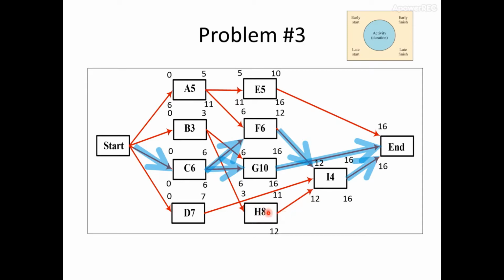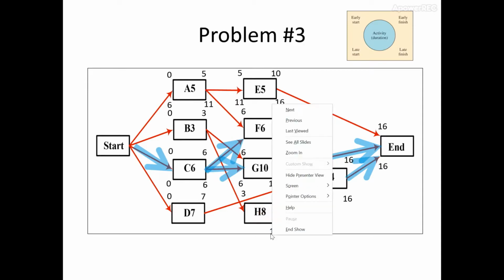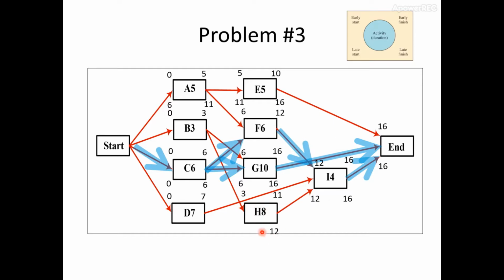And for activity H, late finish is 12, and late start is 4, 12 minus 8. And for activity B, late finish is 4, and late start is 4 minus 3 is 1.